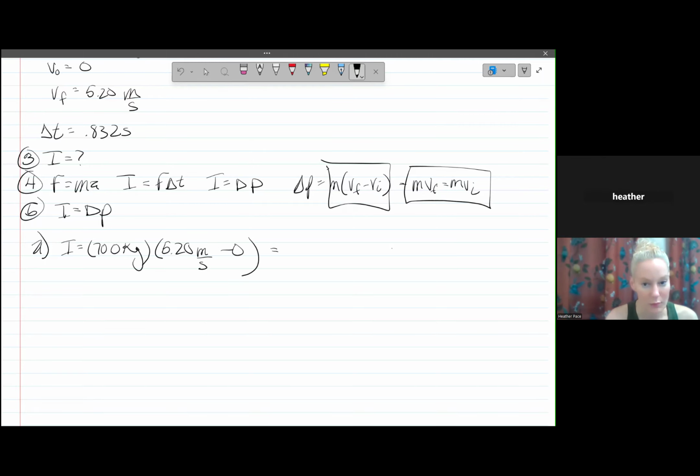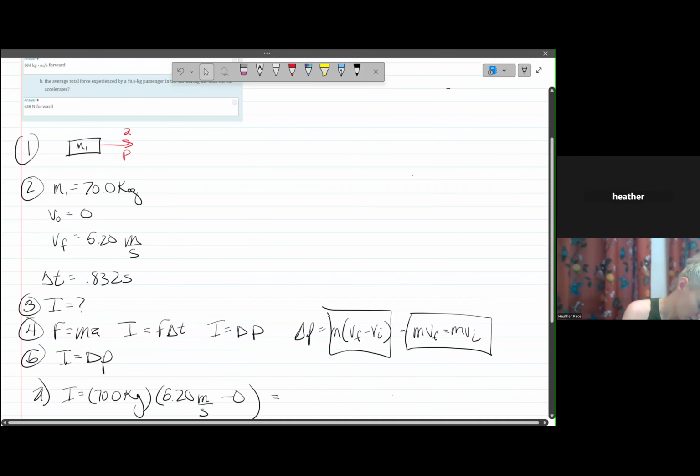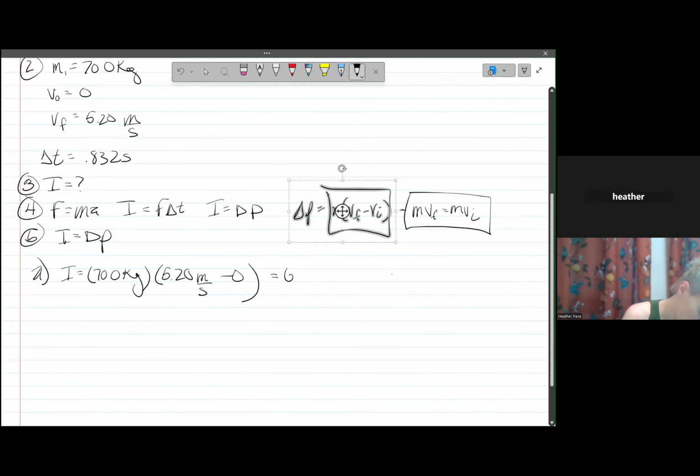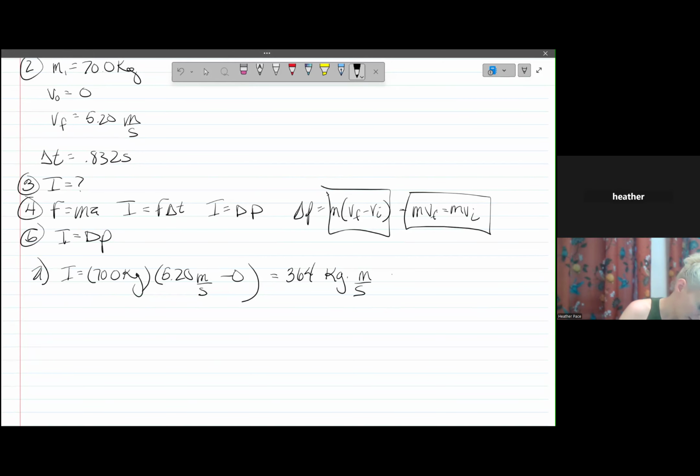And if we do the math, we end up with 364 kilogram meters per second.